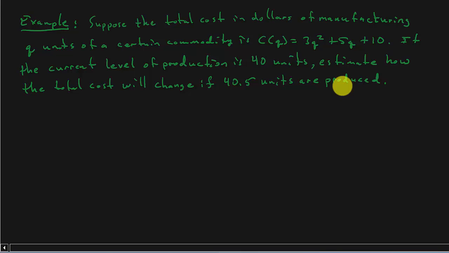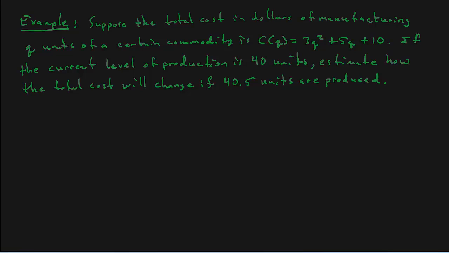It says, suppose the total cost in dollars of manufacturing Q units of a certain commodity is C of Q equals 3Q squared plus 5Q plus 10. If the current level of production is 40 units, estimate how the total cost will change if 40.5 units are produced.